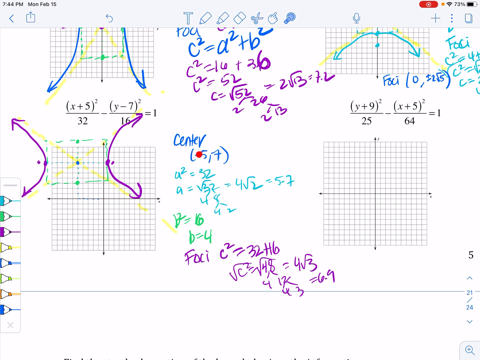So we're going to use our center, and since we're going left and right, we're going to use our x value left and right by the c value. So we're going to take our center, which is -5, and then we're going to add and subtract 4 root 3, and then our y value remains the same, which is 7. Okay. So this is where our foci is located.